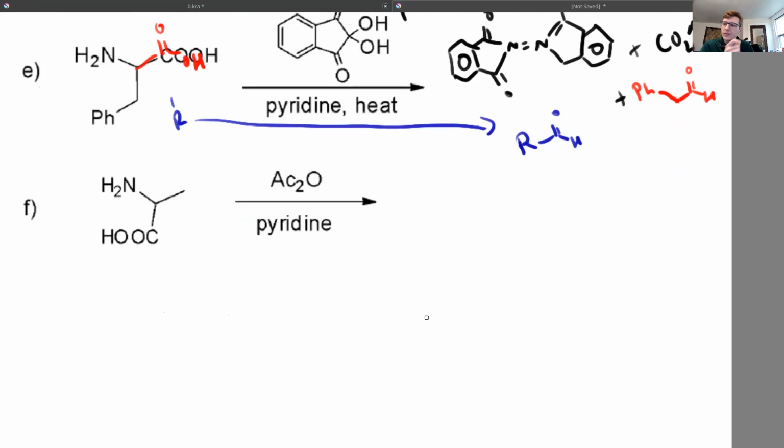And then one more predictive product. This and pyridine. So this is just here. Oh, this is one of the ones that was way too boring to talk about earlier.